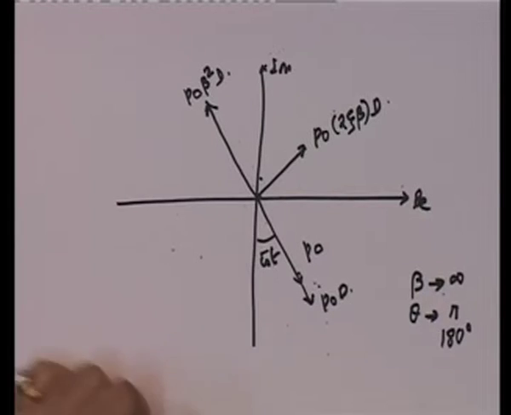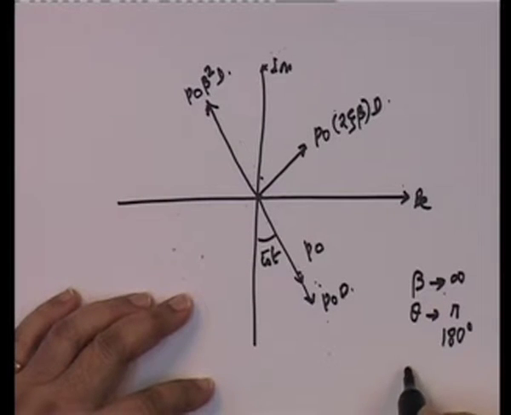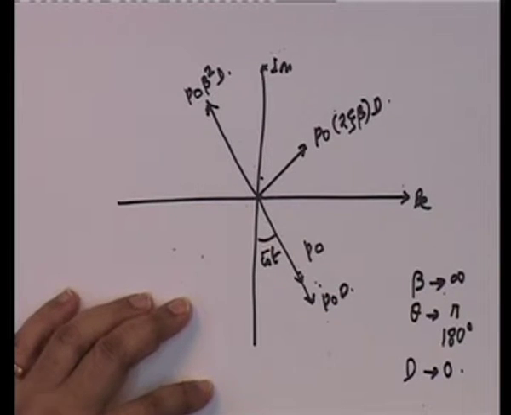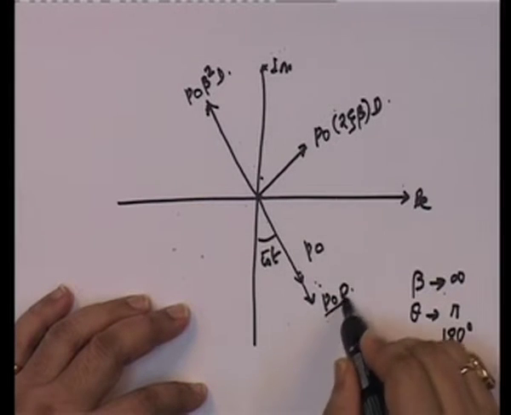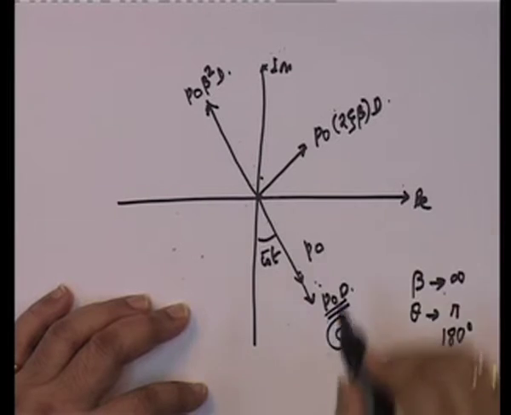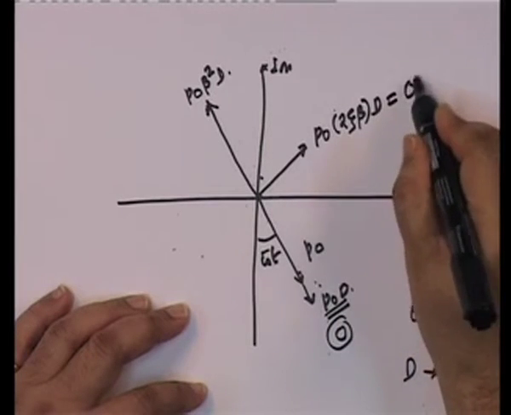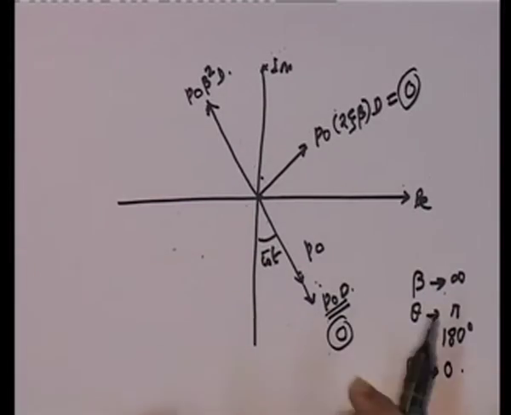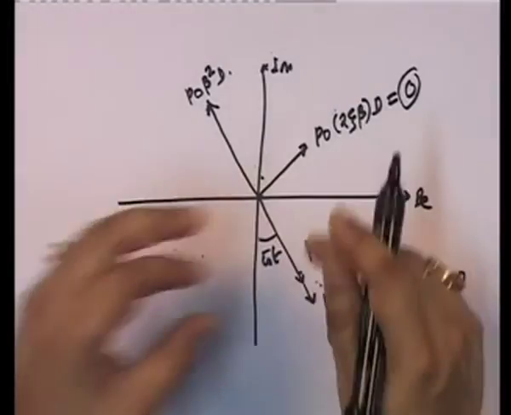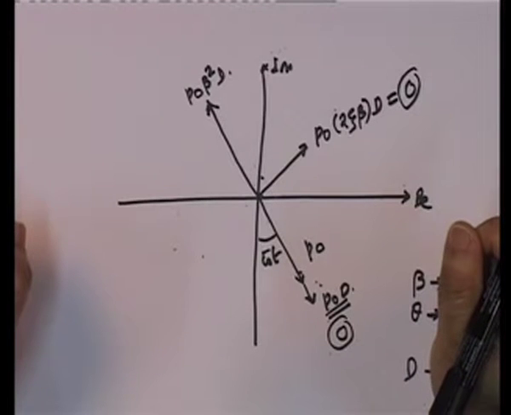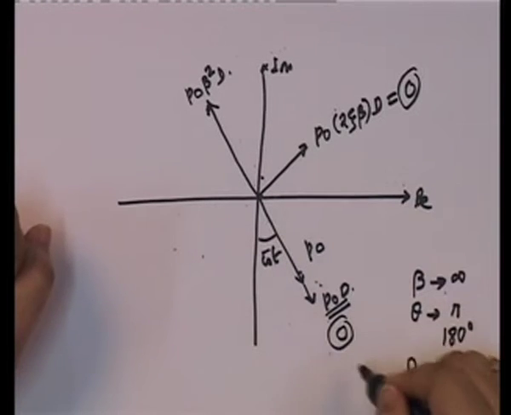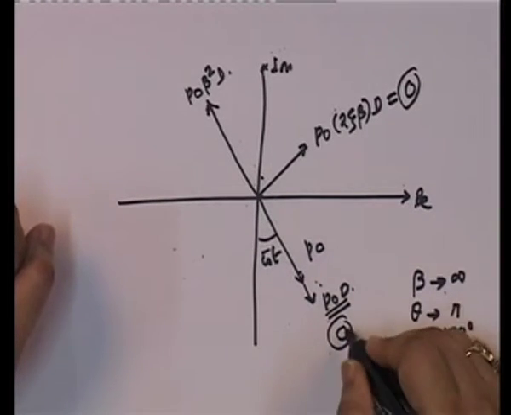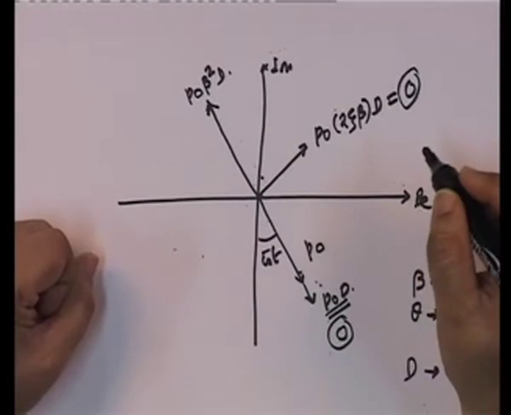Let us look at this situation. What happens to D as beta tends to infinity? D tends to 0. That means this becomes 0, this becomes 0. For all practical purposes, they become very small. And so, let me take in the asymptote, this becomes 0, this becomes 0.